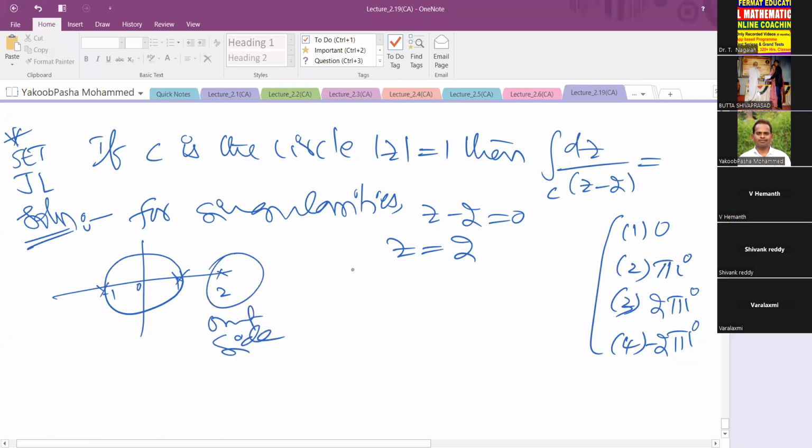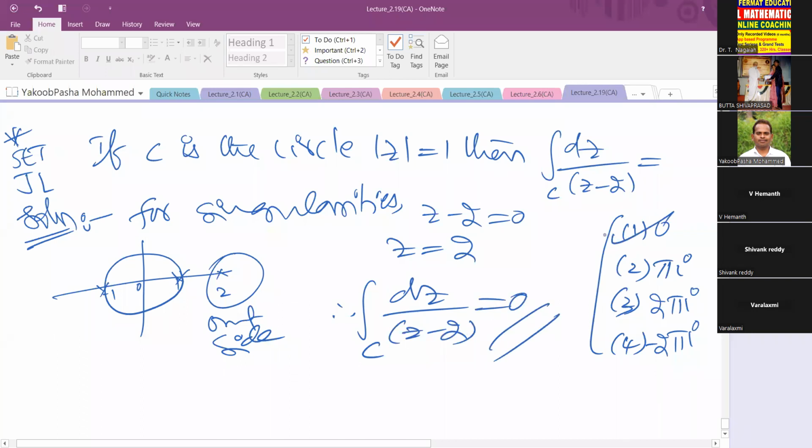Outside means the integral value will be 0. Therefore, the integral over C of dz by (Z minus 2) is equal to 0 only. So the first option is correct. If the singularity were inside, we would have to calculate the residues, and by calculating the residue we can get the integral value.